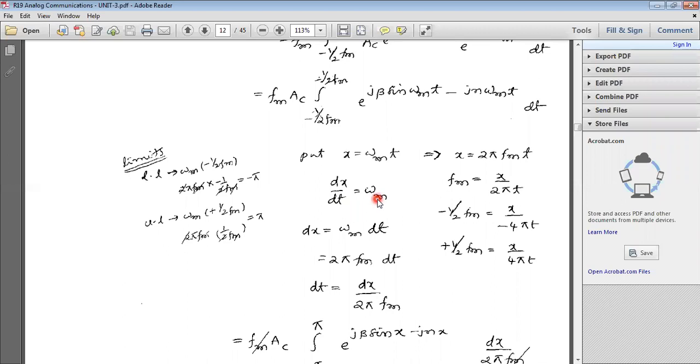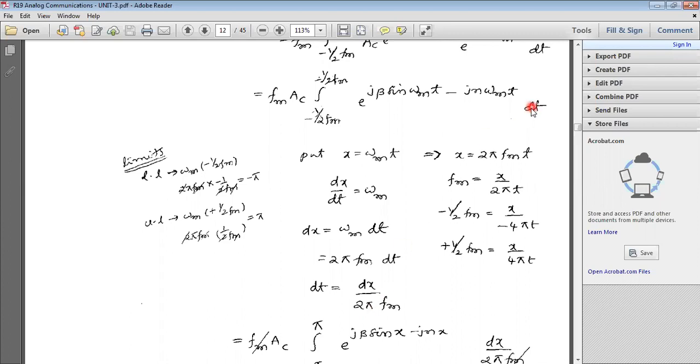From that you calculate the dt value. dt is nothing but dx by omega m, which is nothing but dx by 2 pi fm.